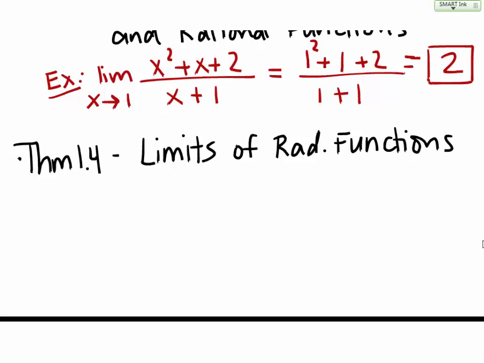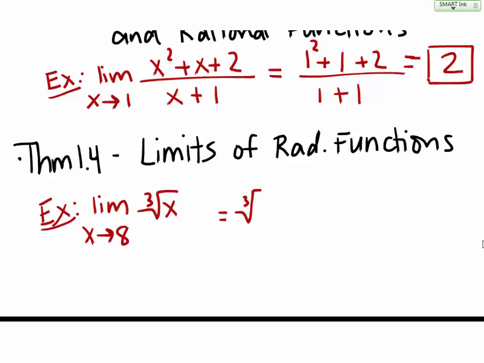The example I'll give for this will be simply evaluating the limit as x approaches 8 of the cube root of x. In this case, the limit exists, and we can evaluate it by substituting in 8 directly for x. The cube root of 8 is 2.